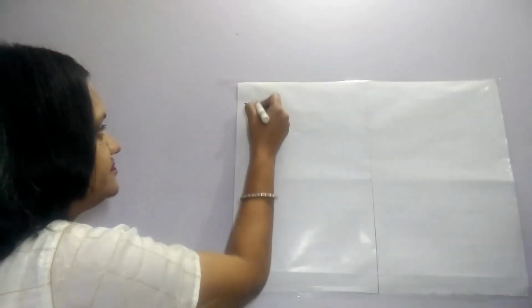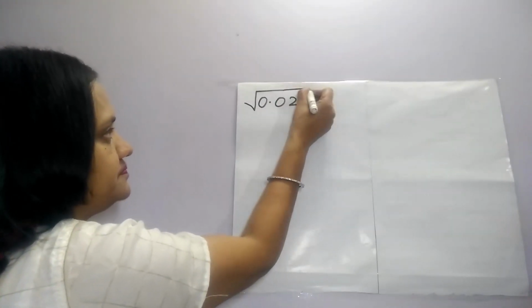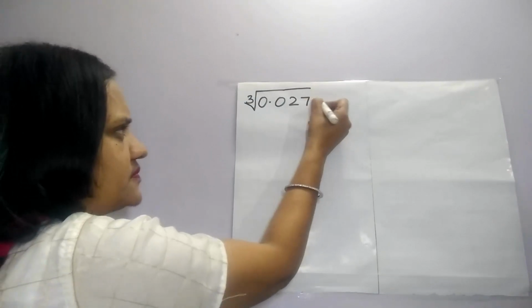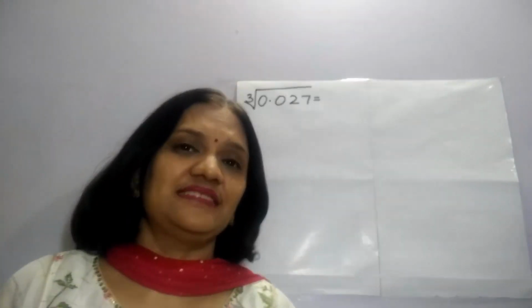Let's find the cube root of 0.027. Can you do it mentally? Is 27 a perfect cube? Is 27 the cube of a natural number? Yes, it is. 27 is the cube of 3. So let's do one thing.